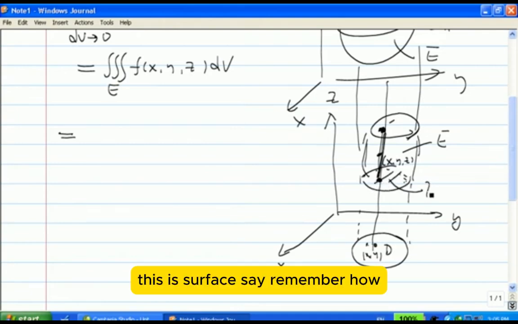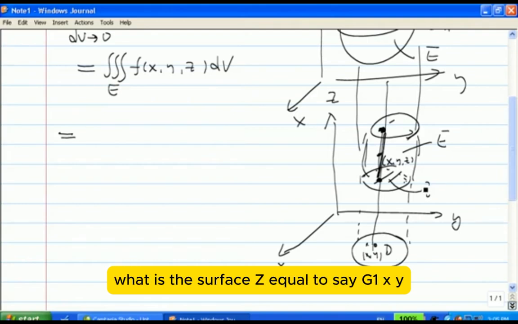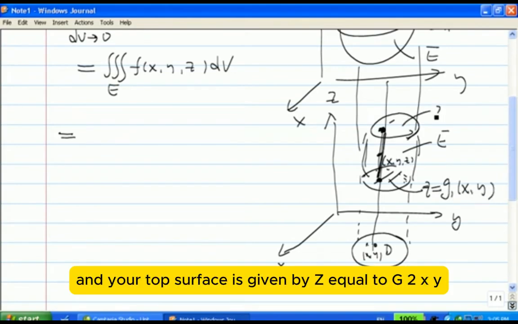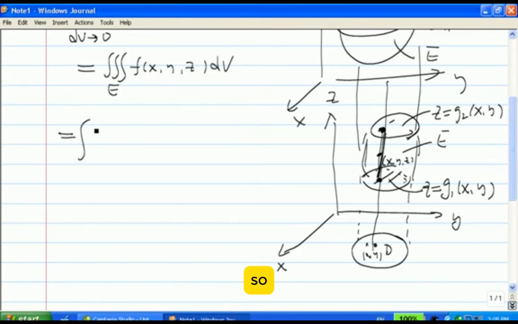This bottom surface is given by z equals g1(x, y), and your top surface is given by z equals g2(x, y).